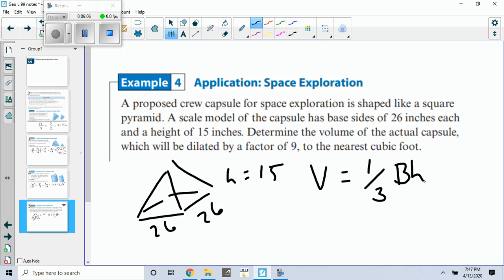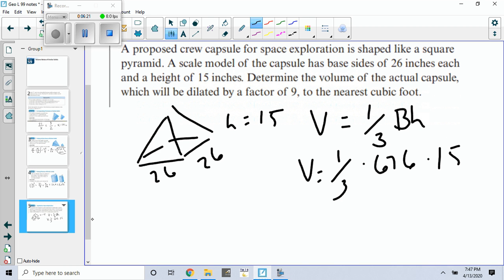And the area of the base would be 26 times 26, which is 676, times the height times 1/3. And that's going to equal the volume. When you figure that out, the volume ends up being 3380, I believe, inches cubed. And that's the volume of the scale model.